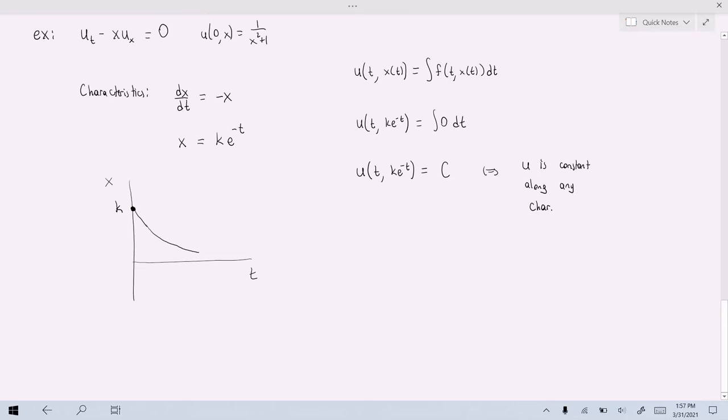So now to get an expression for u of t,x, we imagine having an arbitrary point (t,x) in the plane. And then we look at the characteristic which passes through that particular point.